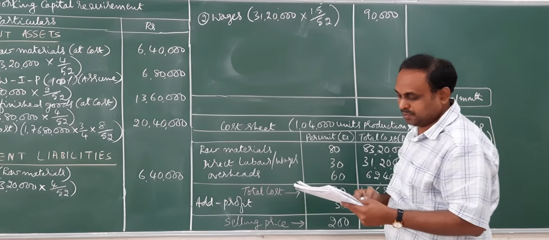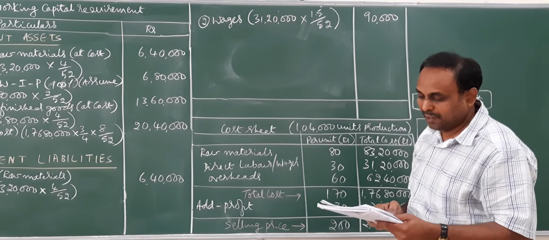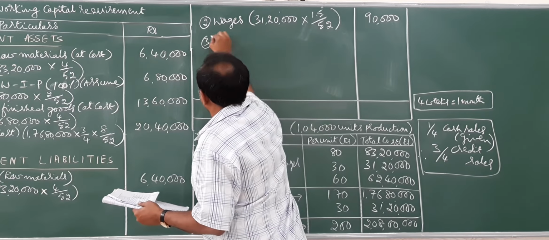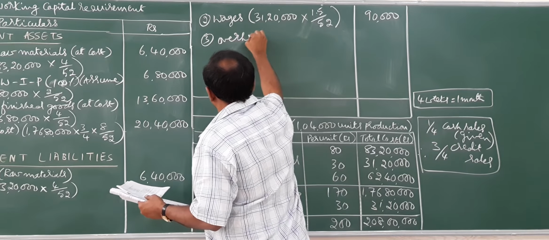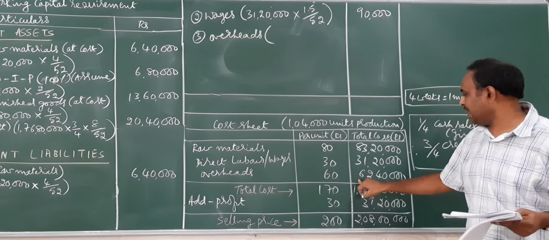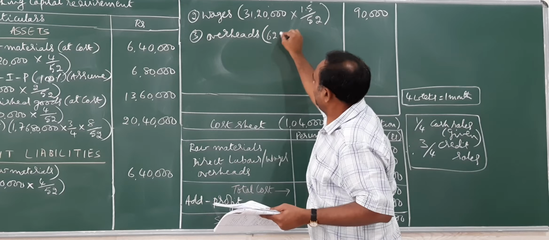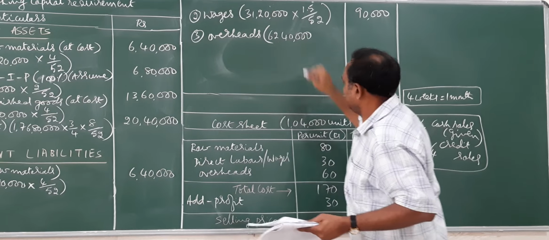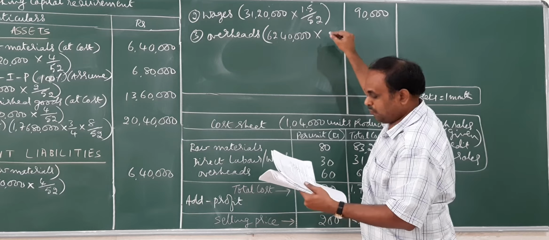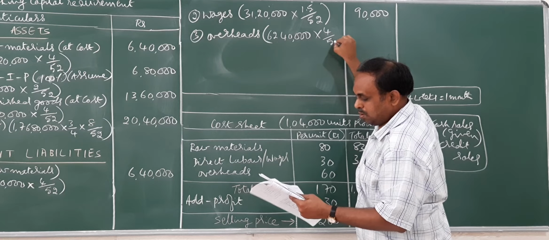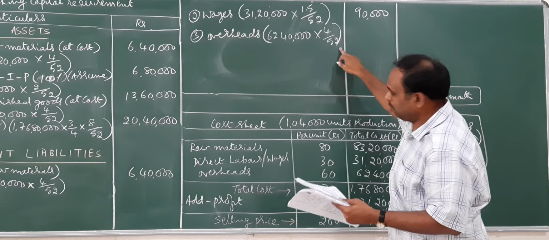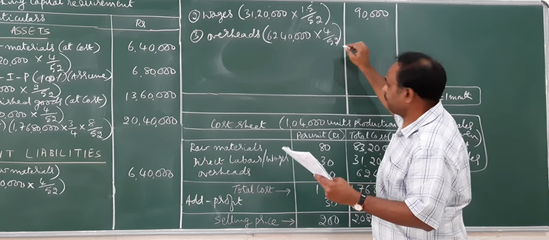The next one is lag in payment of overheads 1 month. Overhead expenses also current liability. Total overheads we have it as 62 lakh 40,000. I am taking 62 lakh 40,000 over here for a period of 1 month. 1 month is equal to 4 weeks.